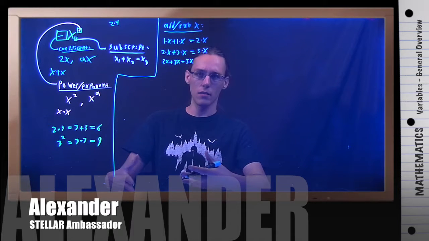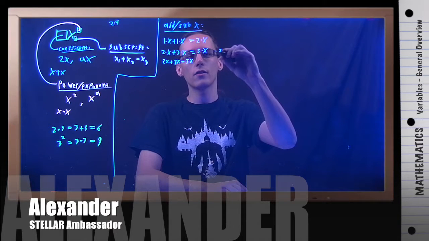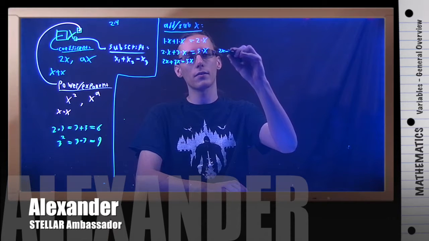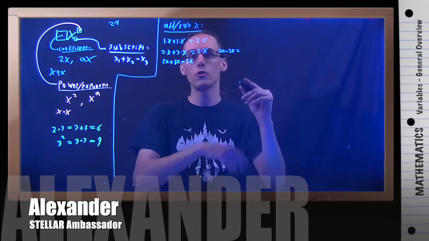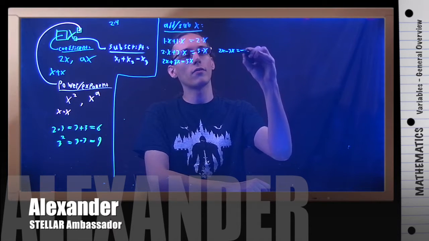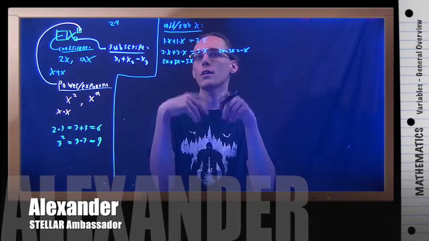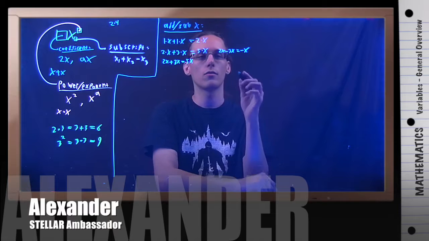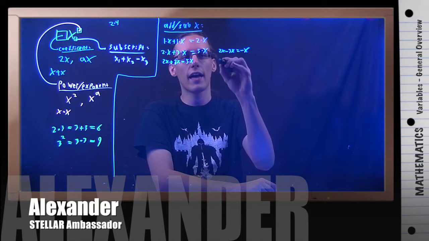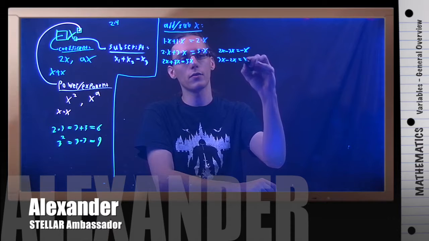What about subtracting? Well, subtracting is going to be the exact same thing. So if I had 2x minus 3x, well, 2 minus 3, that's negative 1. So that would be negative x, negative 1x. Same thing. Remember, if there's a 1, you don't need to bother writing it. So this would be negative x. Or if I had 3x minus 2x, that would be a positive 1x.